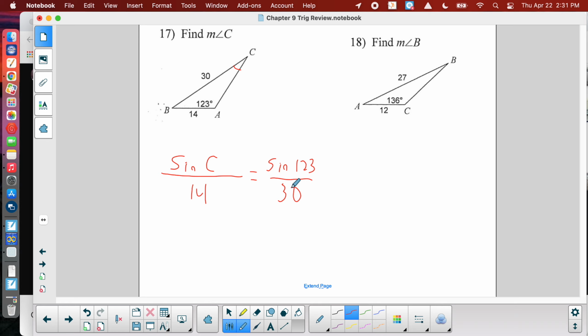That is proportional. It's really important to realize that. C over 14 does not equal 123 over 30. That does not work. It's the sine of C over 14 equals the sine of 123 over 30. You have to have that sine there. It's called the law of sines for a reason.